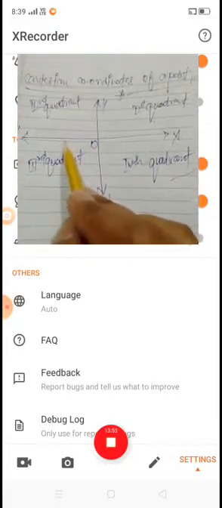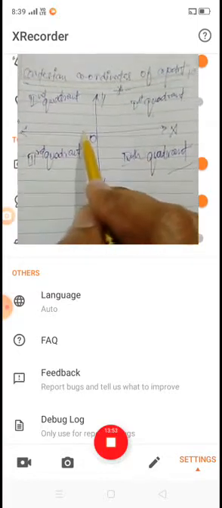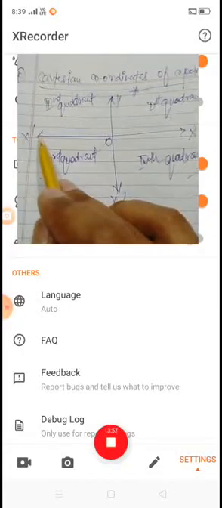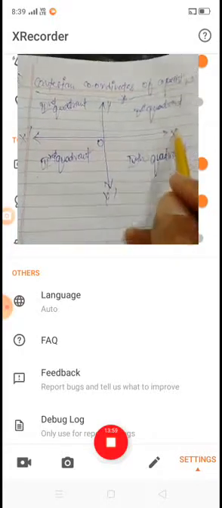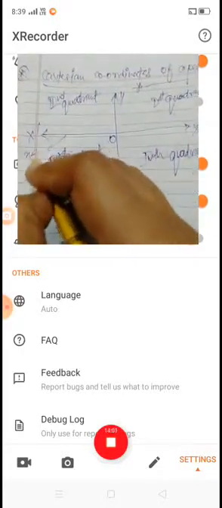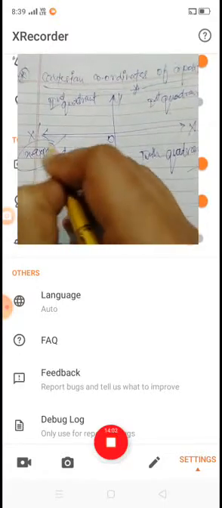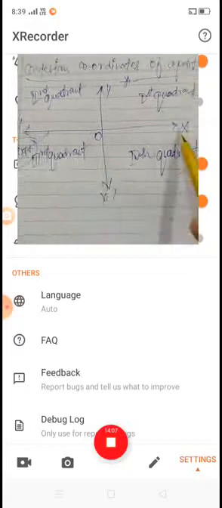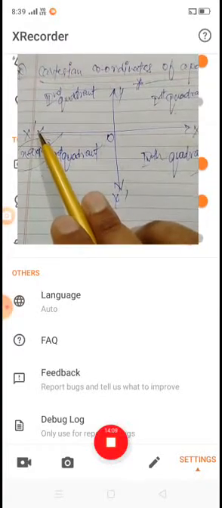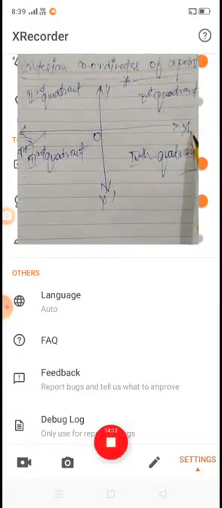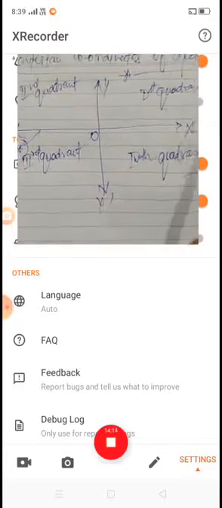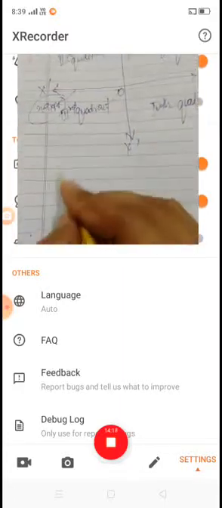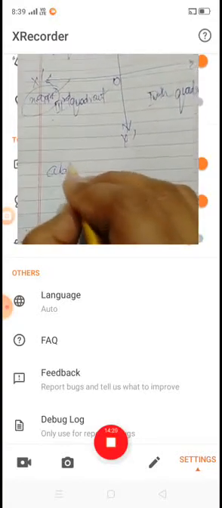All points which lie on X O X dash, that is the X axis, the X coordinate is called abscissa.